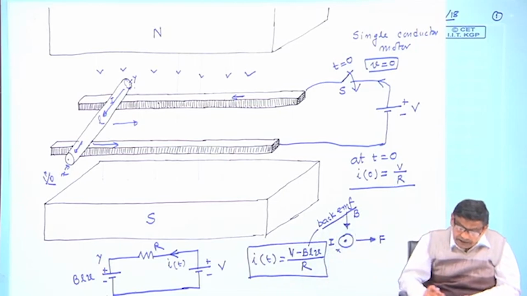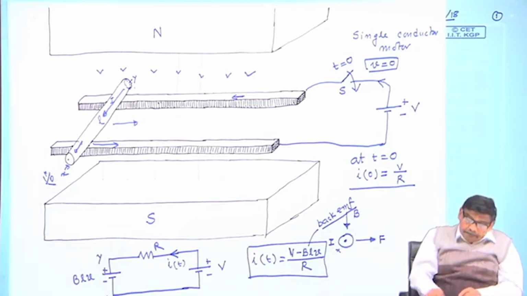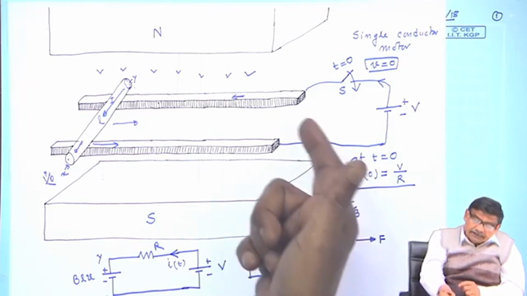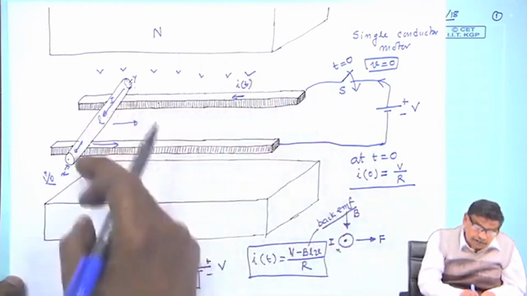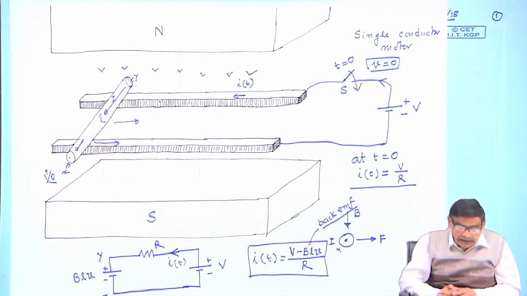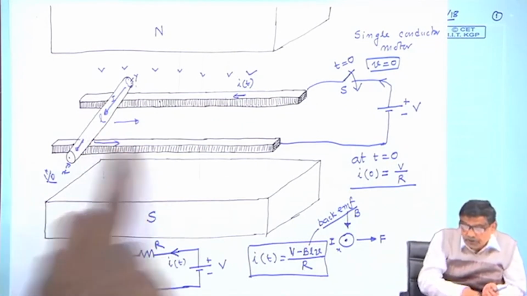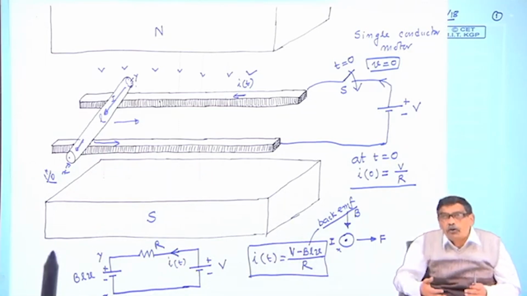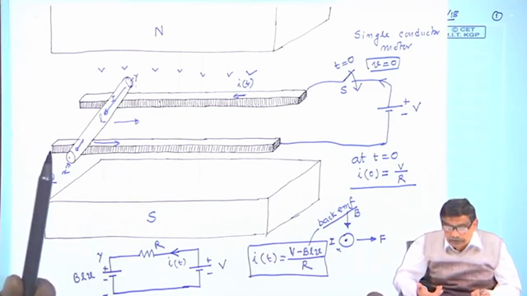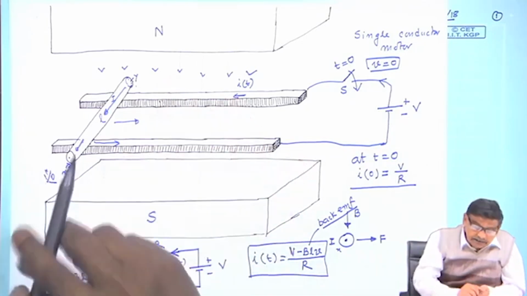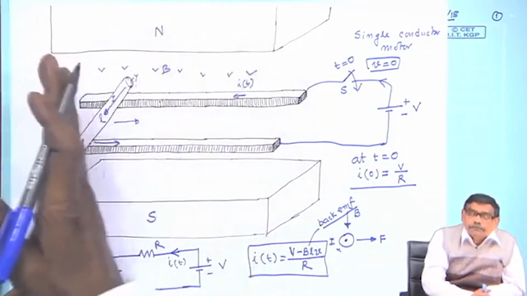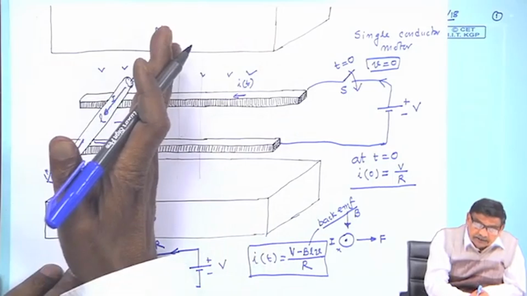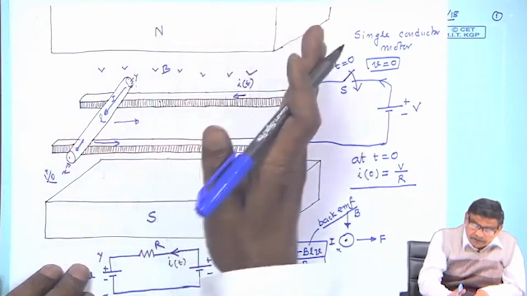So, this is the most fundamental way. Okay, this i(t) is there. So long as i(t) is present, I am sure about one thing: it will experience a force towards the right. Therefore, it will go on accelerating from 0. So long as i(t) is present, B is present, so it will speed up from 0 velocity. It will speed up, speed up, speed up.